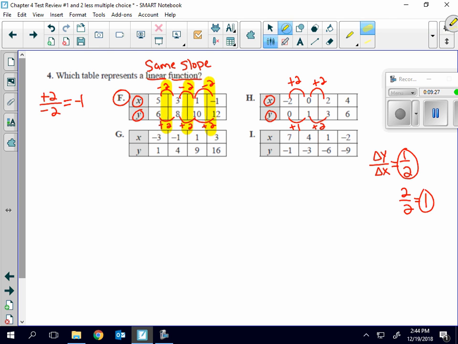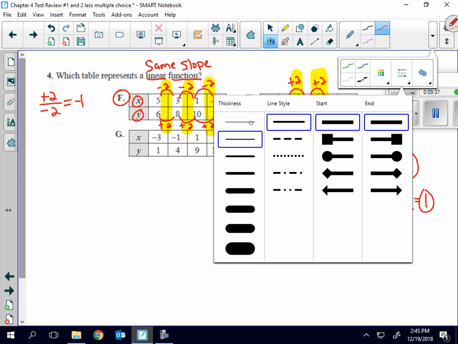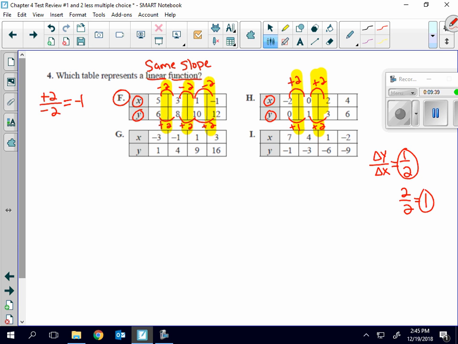You're looking at the y over the x, the change in y over the change in x. And we can double check the other ones. We're going to go up by 3. This one looks like it goes up by 2, but this one goes up by 5, while this one goes up by 2. So 3 over 2 does not equal 5 over 2. That's why that one doesn't work.